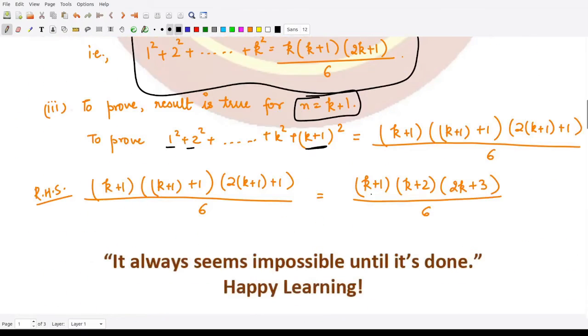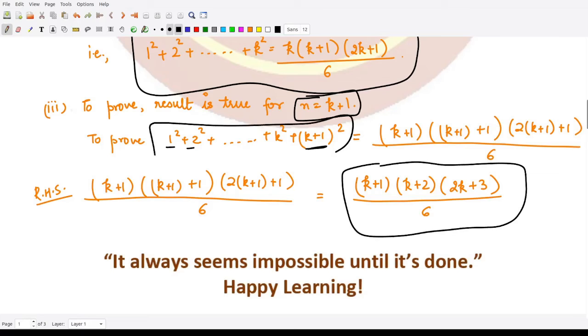So we want to prove that this is equal to (k plus 1)(k plus 2)(2k plus 3) divided by 6. This is our right hand side. Now let's take the left hand side and try to prove it equal to the right hand side.